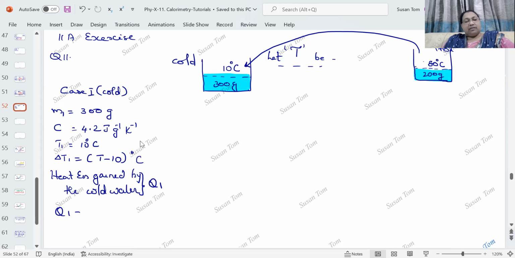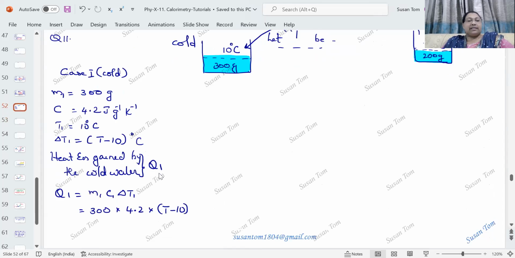So I'm writing Q1 is equal to M1 C1 delta T1, which is equal to mass is 300 gram, specific capacity is 4.2 because we have equated it to per gram, joules per gram per Kelvin, into difference in temperature. You write it in the form of expression T minus 10. Yes, children. This is equation number 1. Hold it as equation number 1.